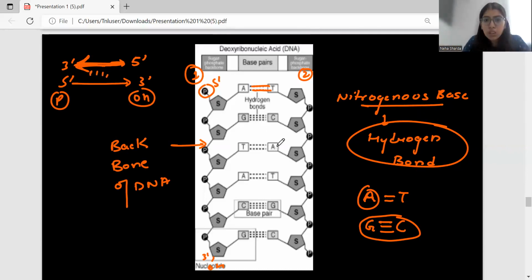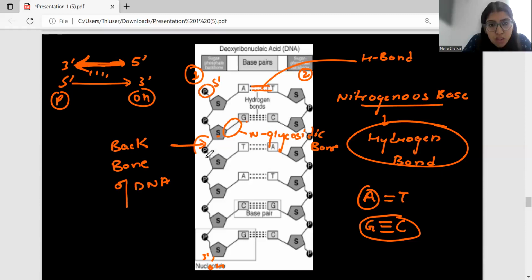So in this diagram, if I ask you how many bonds are present: first, hydrogen bond between 2 nitrogenous bases; second, N-glycosidic bond between ribose sugar and nitrogenous base. This is N-glycosidic bond. And this is phosphodiester bond.